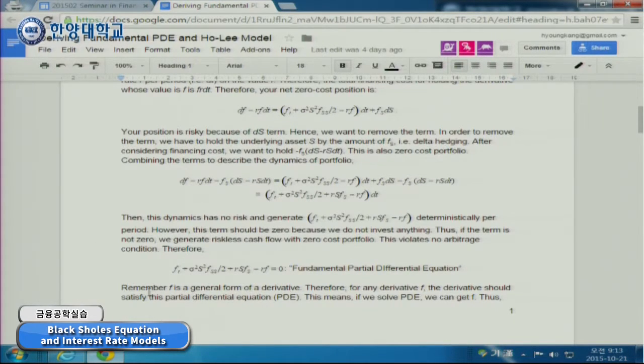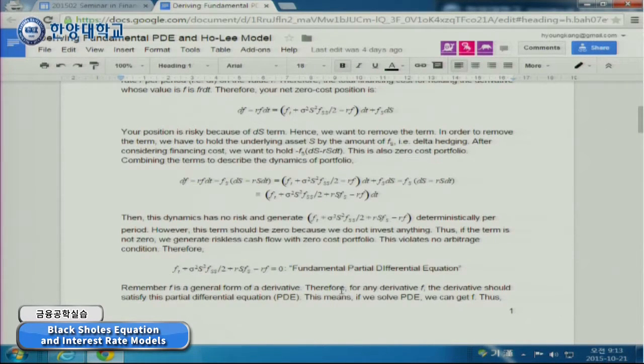Remember now f. I didn't say anything about f. I just said f is a function of the underlying asset and time to maturity. So it's a very general form of derivative, a very general form of any asset. Therefore, for any derivative, actually for any asset, the price should satisfy this partial differential equation.